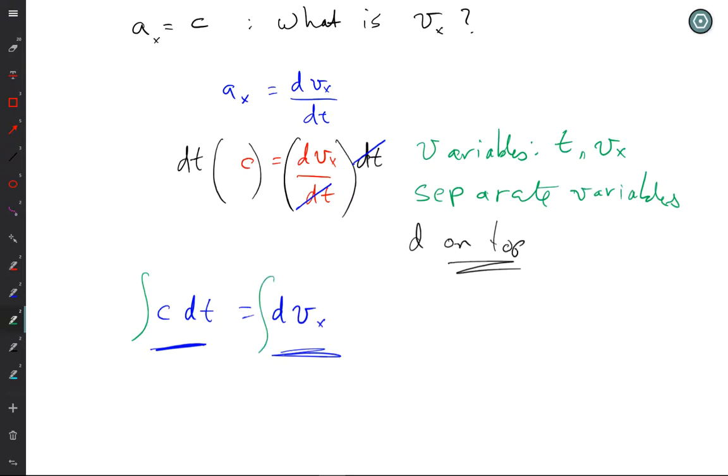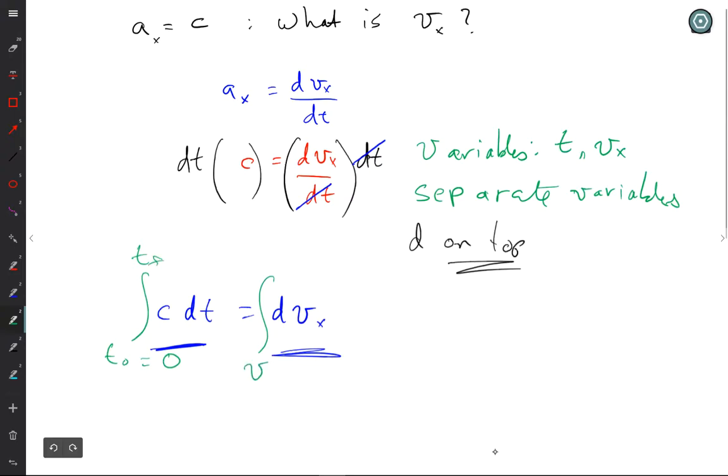In physics, we almost always have limits on our integrals. In calculus class, my experience was we almost always didn't have limits on our integrals. So we have limits, so I'm going to be going from time initial, which for convenience, because you can choose when you start your clock, we say time initial is 0 almost every time, to time final.